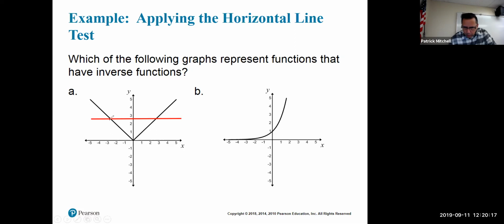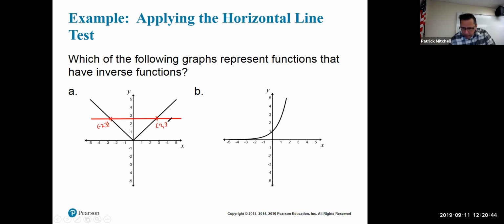All right, so we got 1 point here, and we got 1 point here. So let's say that this point here, I'm just going to pretend that it's -2, 3. I know it's a little off. I really don't want to deal with fractions or decimals. And let's say that this point is 2, 3. Since they're on the same horizontal line, they would have to have the same y coordinate.